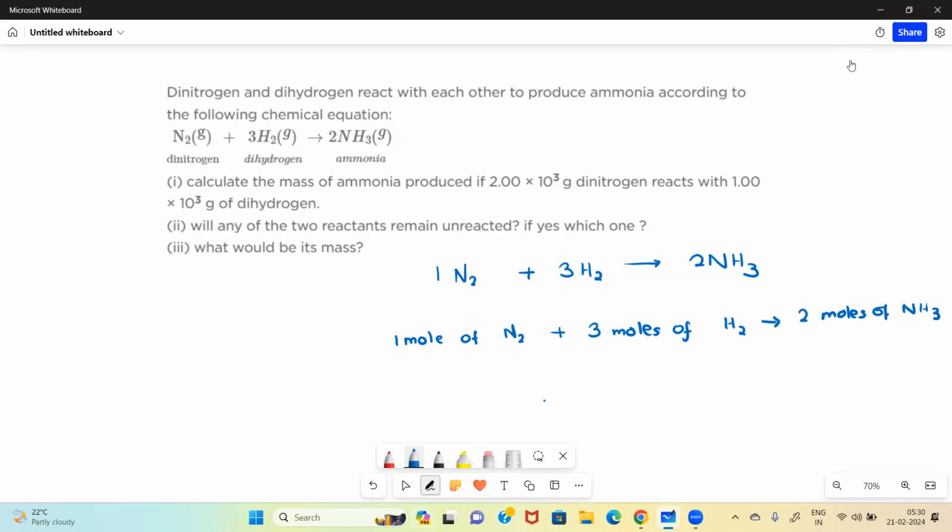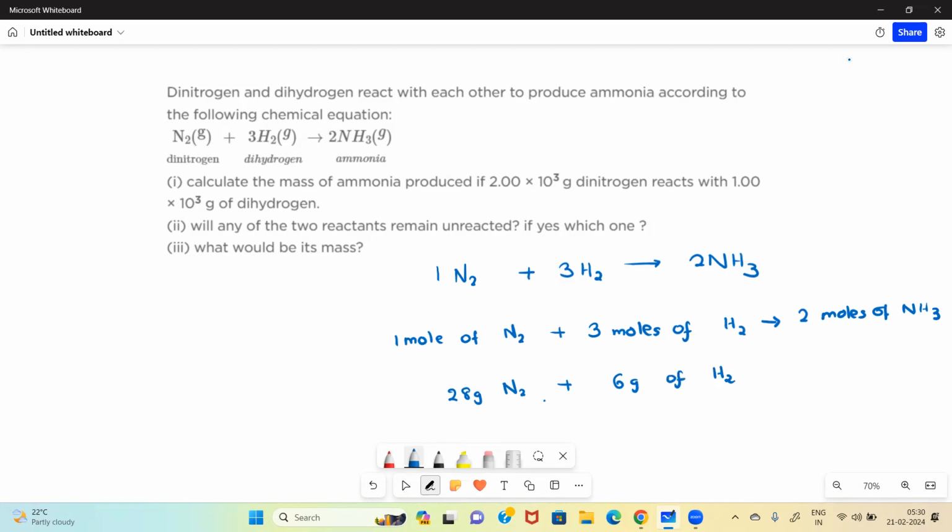So how many grams of dinitrogen? Say nitrogen atomic mass is 14. So 1 mole refers to molecular mass expressed in grams. So that will be 28 grams, right? So 28 grams of dinitrogen combines with hydrogen gas, which is 2 grams per mole. 3 moles means 6 grams.